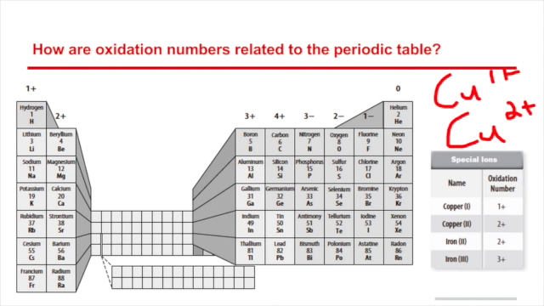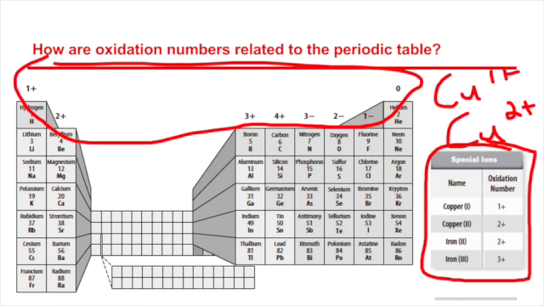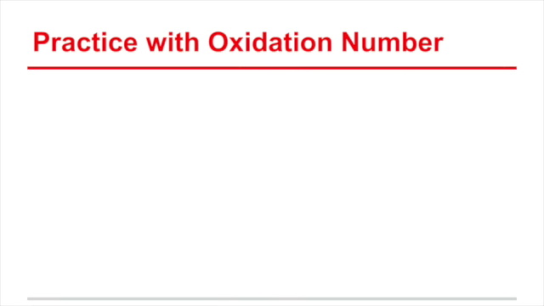This is going to come into play in just a little bit. But for right now, I'd like you to just write down these common oxidation numbers above your periodic table. I will pause the video in just a second. We're going to give you a question that will help you test your knowledge on oxidation numbers.